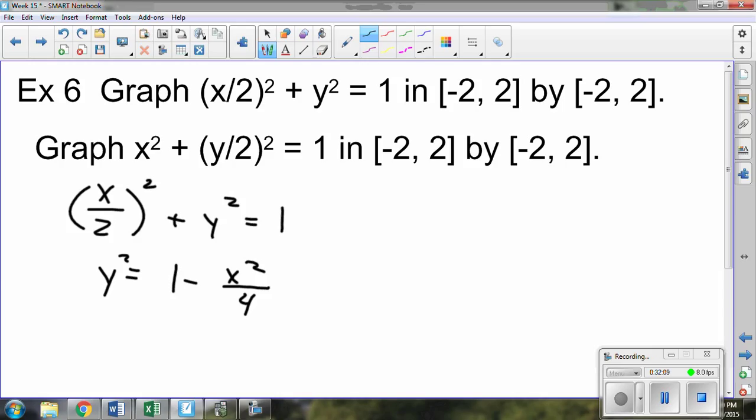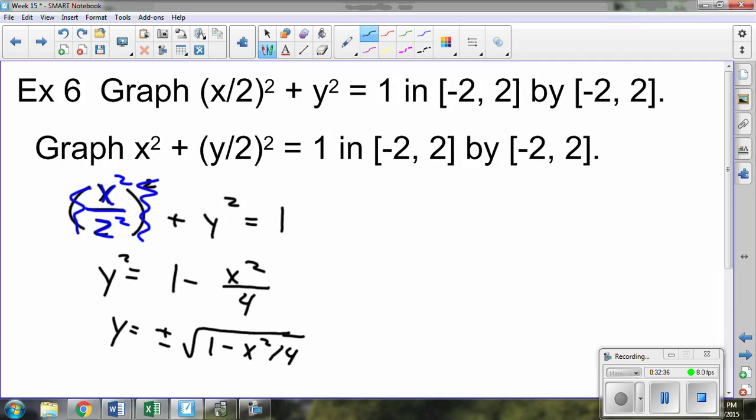Instead of having x over 2 inside the parentheses, I took this component and rewrote it as x squared over 2 squared. Of course, 2 squared gave me the 4. Taking the square root, we have the two things that we would need to be able to put in: 1 minus x squared over 4.